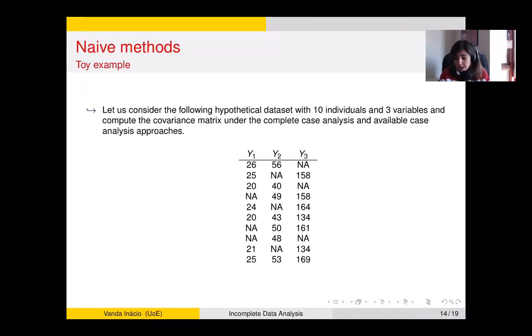In complete case analysis, we eliminate from our calculations all individuals that have at least one missing value for one of the variables. So if we look at our data set, we only retain this individual, because this individual has observed values for all three variables, and the last individual. All the others are eliminated from our analysis. So we will base our calculations on only these two individuals.